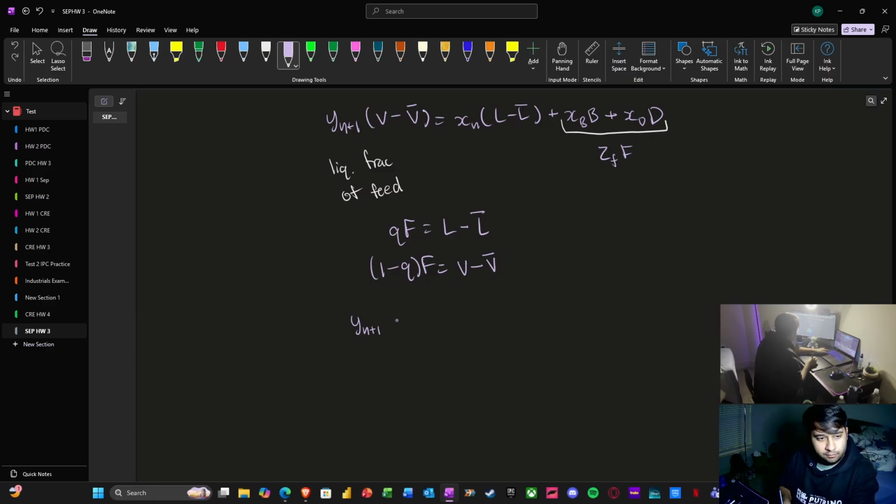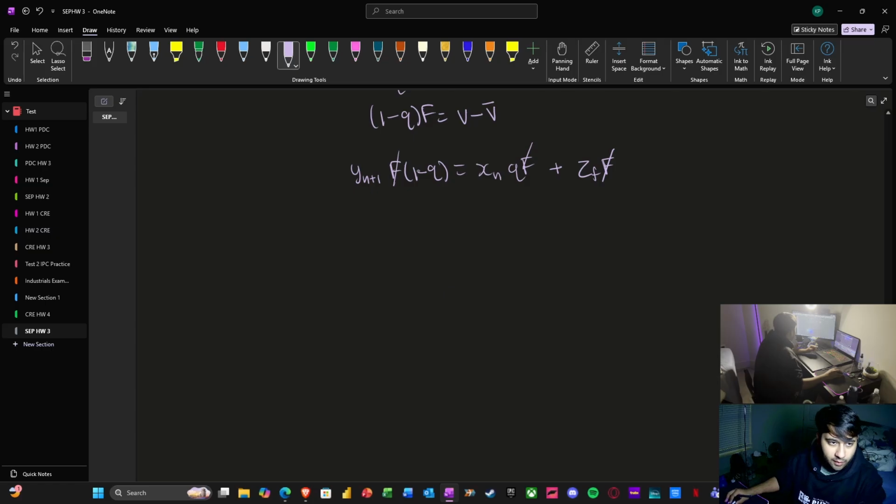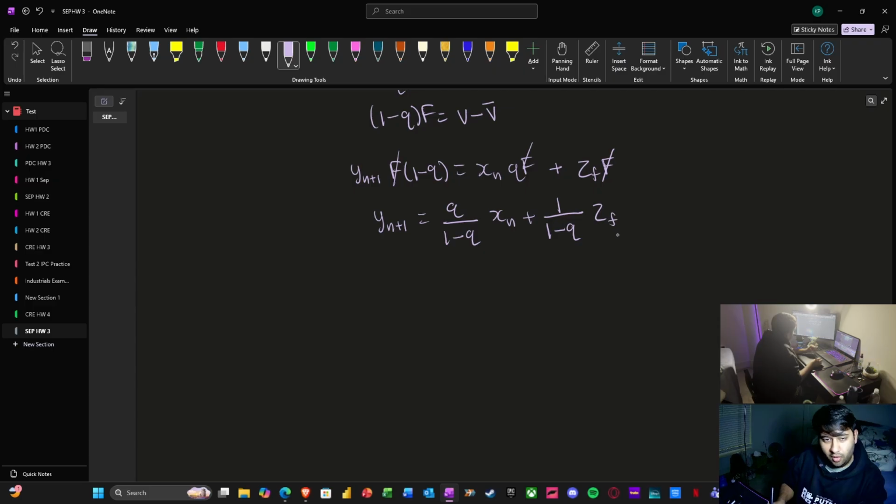We get yn plus 1 times 1 minus Q, which equals xn times Q F plus our composition of feed times F. We can cancel out our F, and when we move our 1 minus Q over to isolate yn plus 1, we get Q over 1 minus Q times xn plus 1 over 1 minus Q times the composition of our feed.